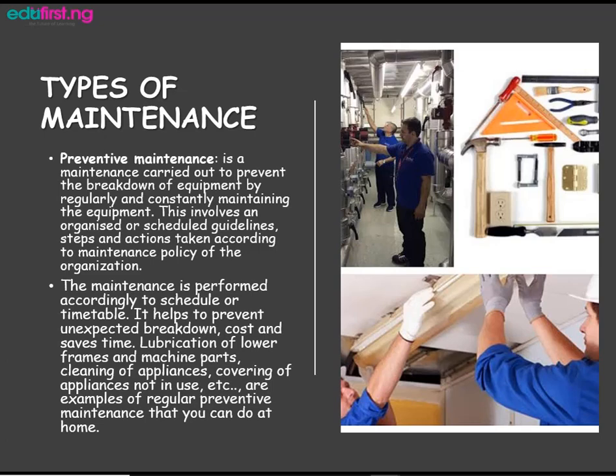Lubrication of lower frames and machines parts, cleaning of appliances. These are types of preventive maintenance I'm listing. Covering of appliances not in use, etc., are examples of regular preventive maintenance that you can do at home to avoid a total breakdown of an equipment.